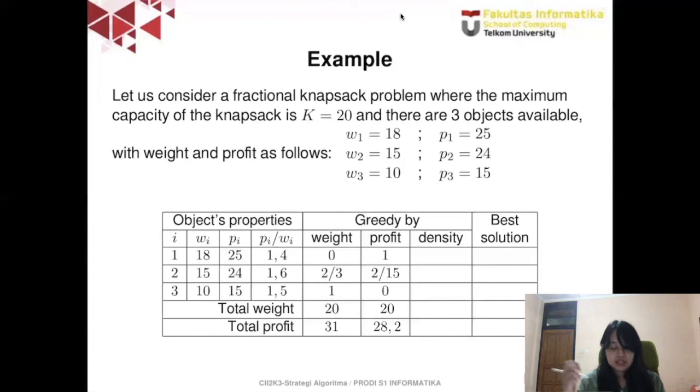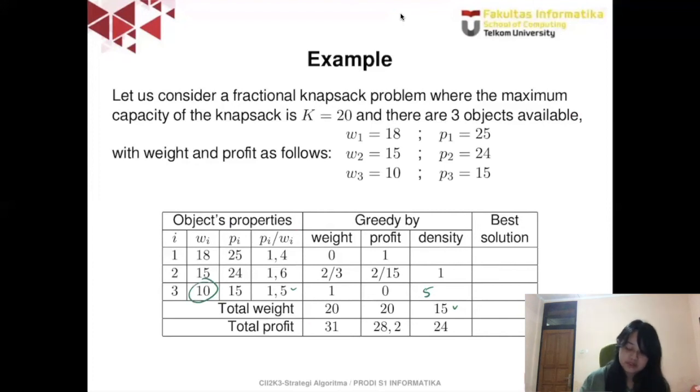For density, same as before, we always choose the largest density first, which is the second object, such that we have a total weight of 15, and we have 5 unit weight remaining to be put in the knapsack. The next largest density is owned by the third object, but we only have 5 left, and it has 10 unit weight.